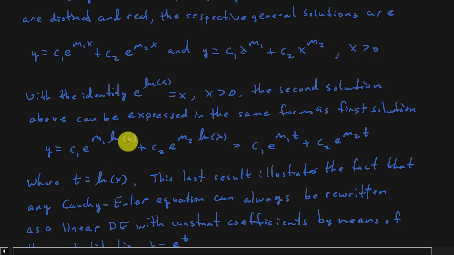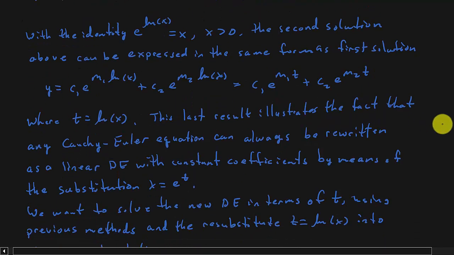All right, so what we're doing is this natural log x, we're replacing it with t, where t is natural log x. This last result illustrates the fact that any Cauchy-Euler equation can always be rewritten as a linear differential equation with constant coefficients by means of the substitution x equals e to the t.